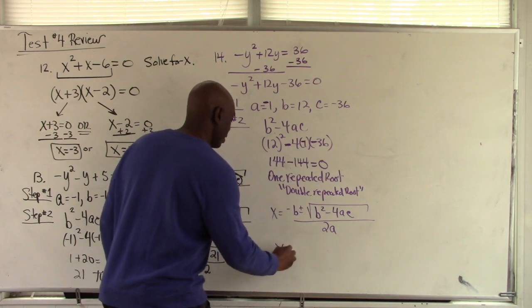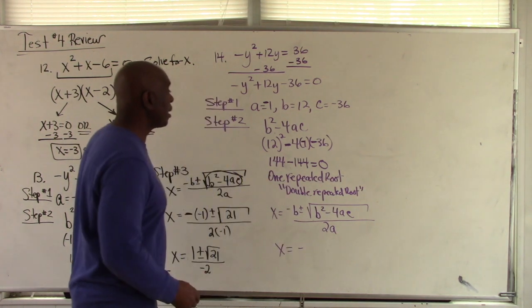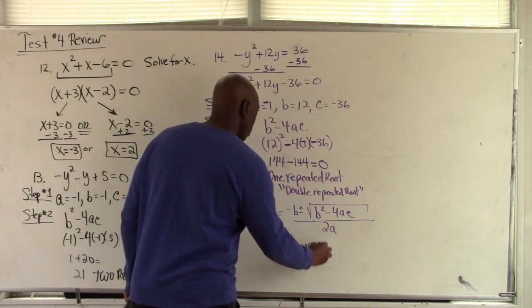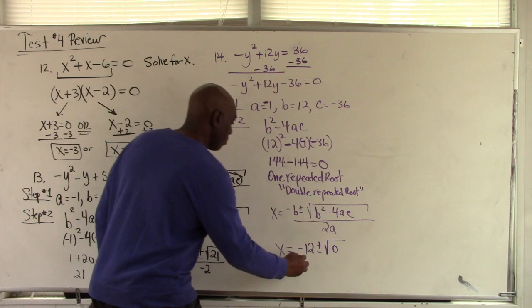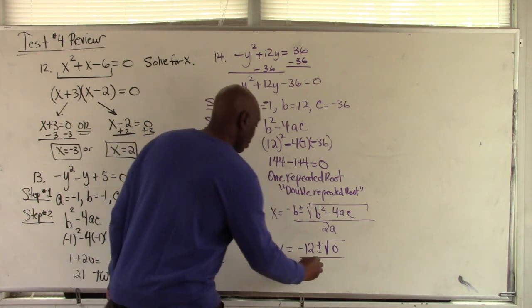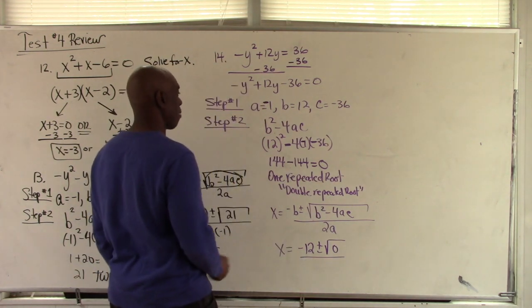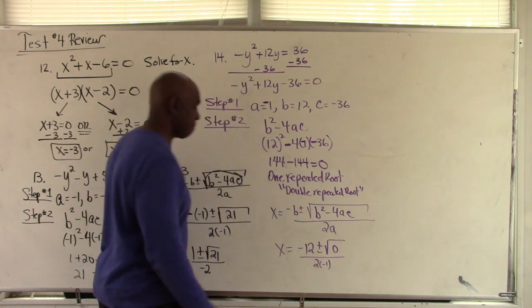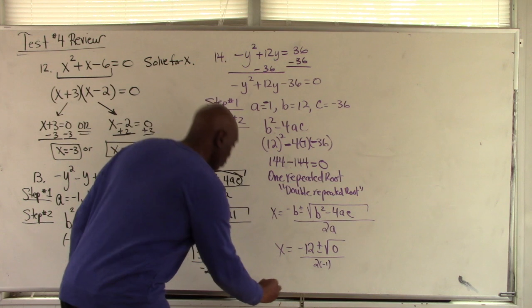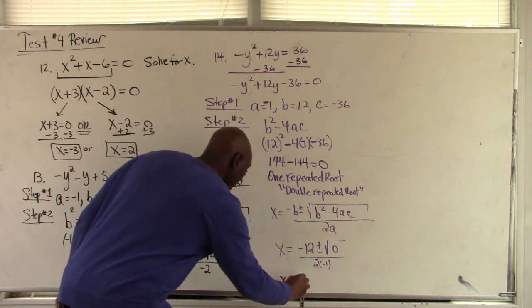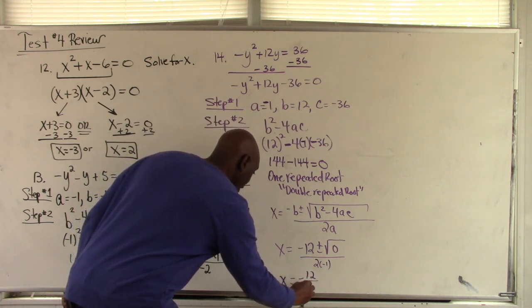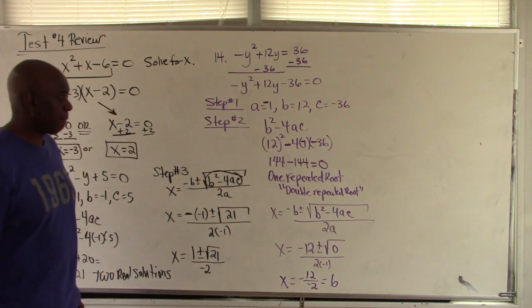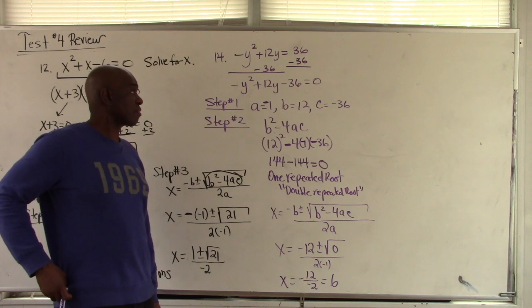So x is going to equal negative, what is b? b is 12, plus or minus the square root of 0, all over 2 times a. What is a? Negative 1? 2 times negative 1, which equals negative 12 over negative 2, which is positive 6. There you go. X equals 6.